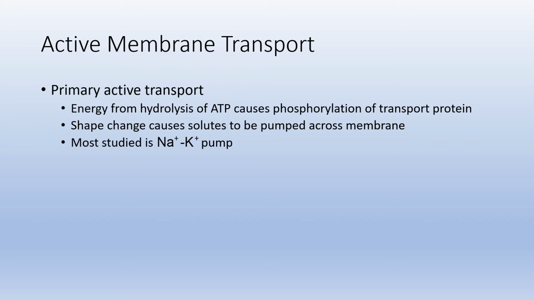Again, in primary active transport, we will see these channels phosphorylate or change shape to allow substances to be pumped across the membrane against their concentration gradient. And the most popular example of an antiporter, and of primary active transport, is known as the sodium-potassium pump.